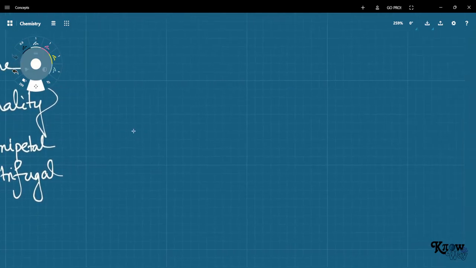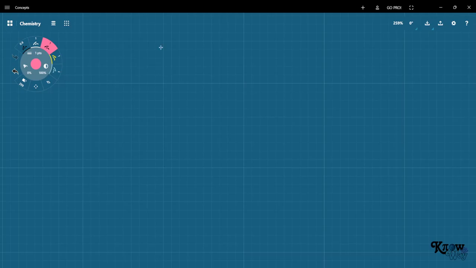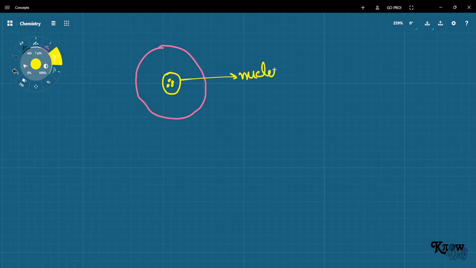In his center topic, he said that in the center of an atom, let's just draw an atom, say this is an atom, in the center of the atom there is a dense, positively charged thing. He called it the nucleus, which was positively charged.